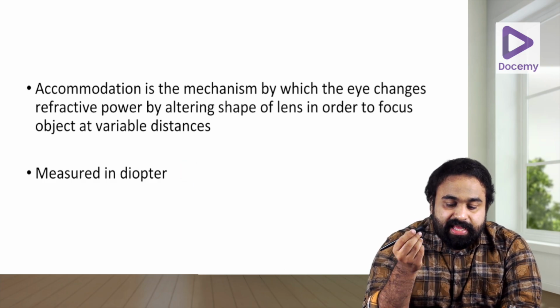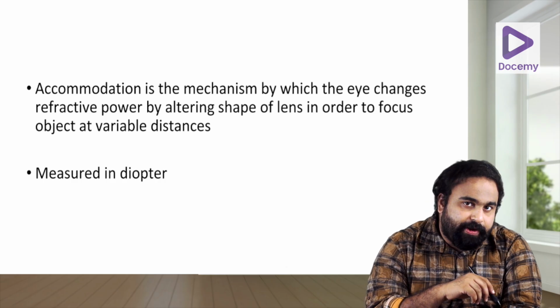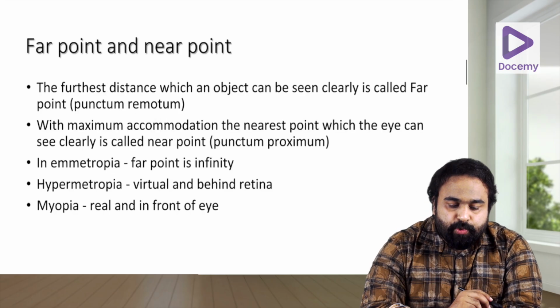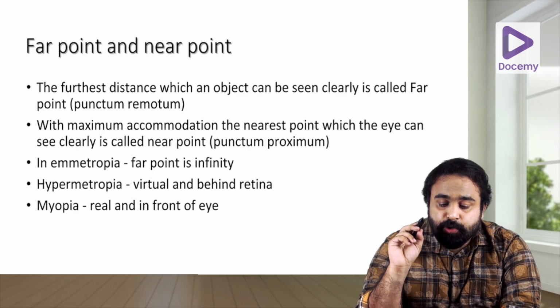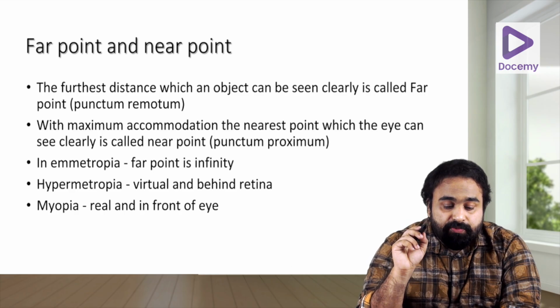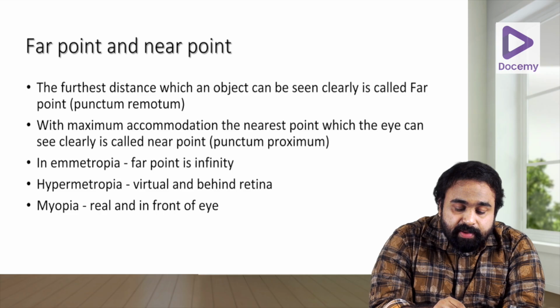So with that we will learn far point and near point. What is far point? Far point is the furthest distance at which an object can be seen clearly. This is called far point or punctum remotum.